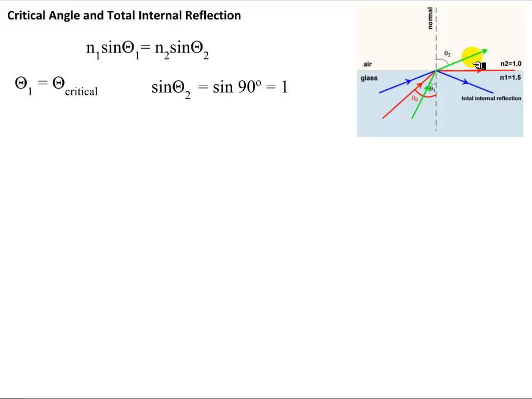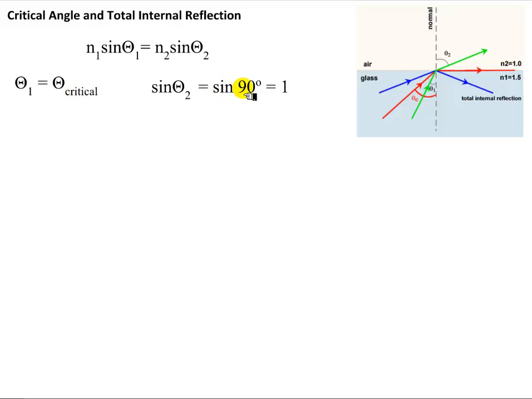Okay, so let's figure out what the equation is for total internal reflection. So first of all, we're going to focus on this red ray right there, and we're going to make theta 1 the critical angle.